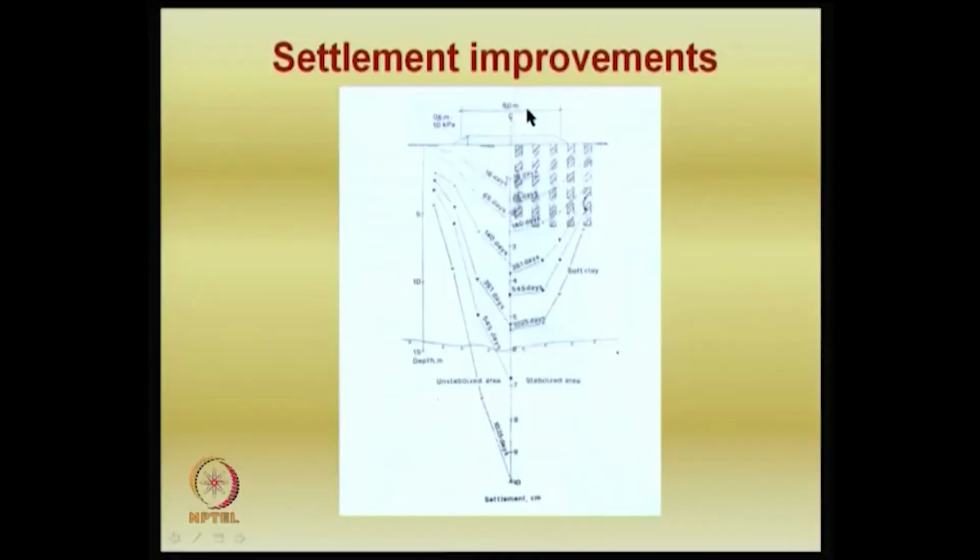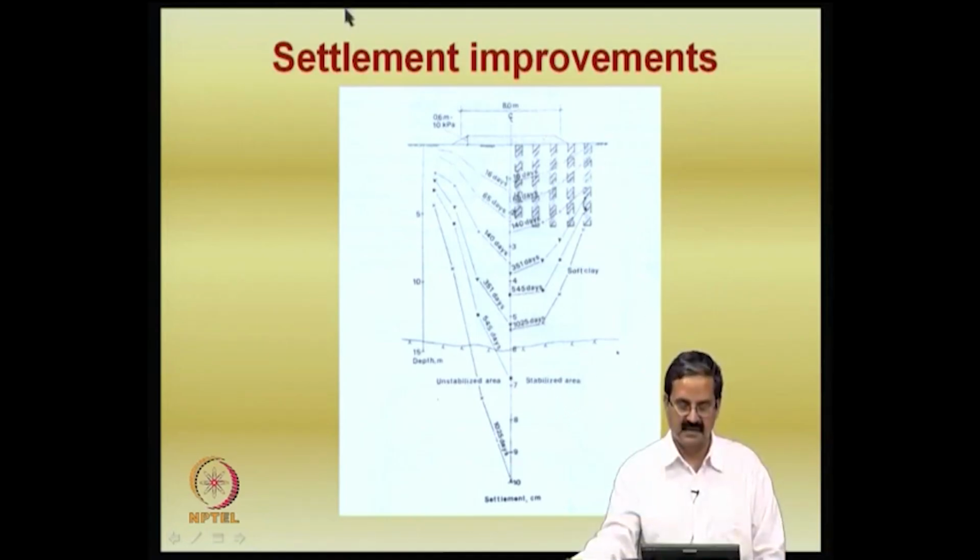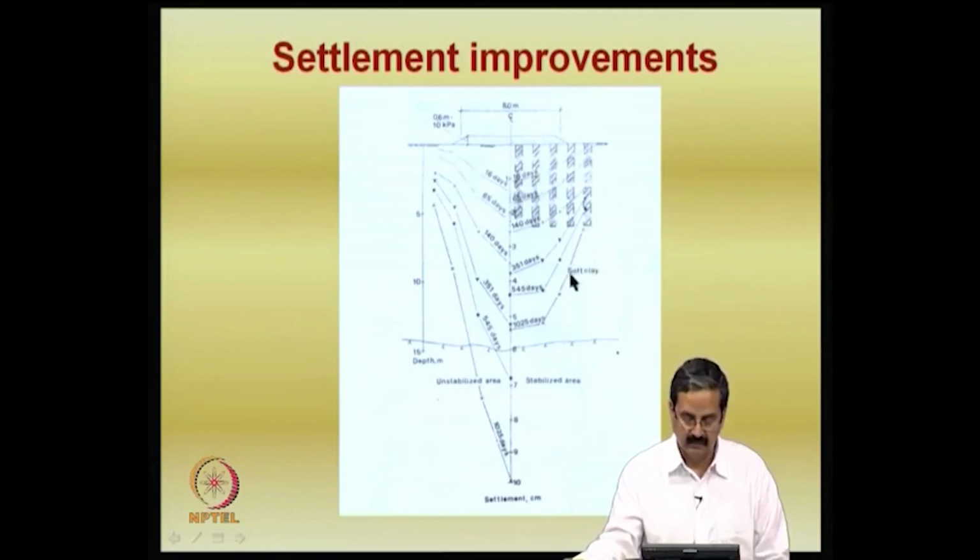Actually, people have observed the settlements. You can see that this is the stabilized area, this is the unstabilized area. In the case of an embankment, it is a small embankment, 0.6 meters height and 10 kPa is the load only, and these are the settlement profiles, settlement in centimeters. So, like these are 10 centimeters, okay, 100 mm.